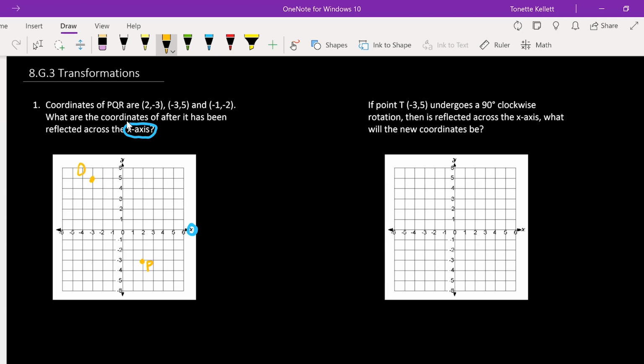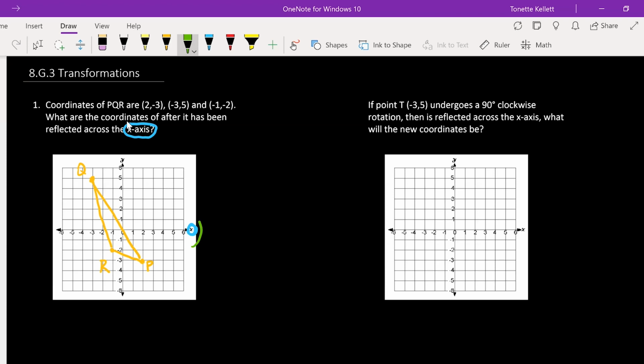That's Q. And R, -1, -2. R. There's your triangle. All right, we're going to reflect it across X.